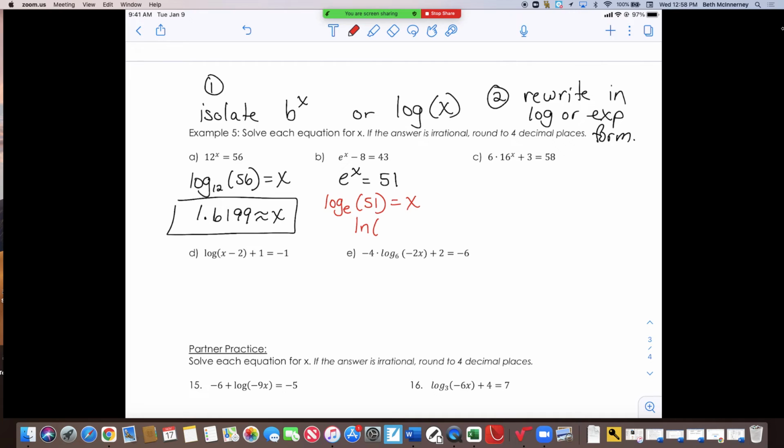Well, log base e is ln. On your graphing calculators, you have an ln button. So I got 3.9318 for x.